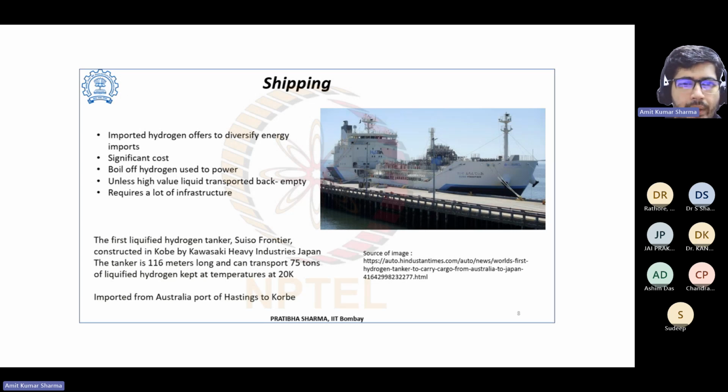When hydrogen is shipped, if you have boil-off losses, those losses will be used for power generation. So it requires a lot of infrastructure.